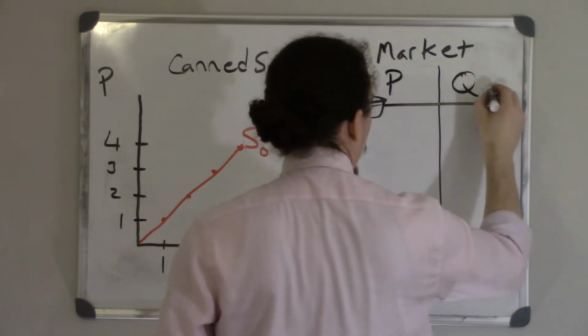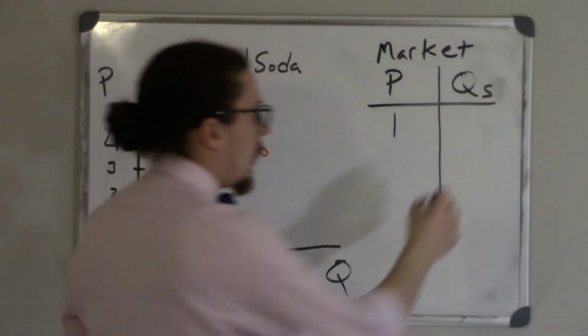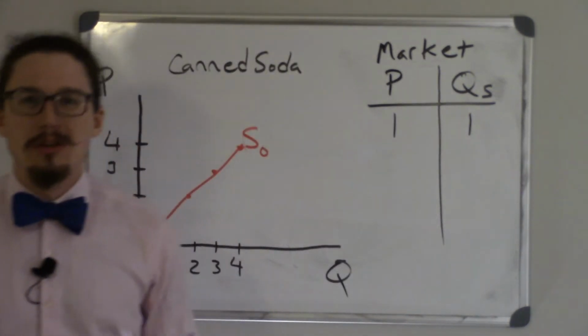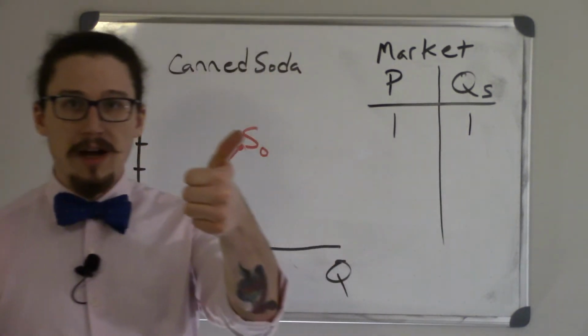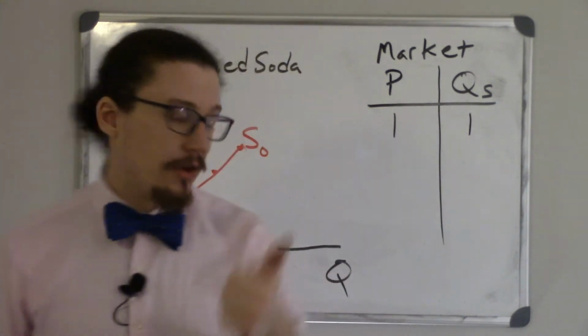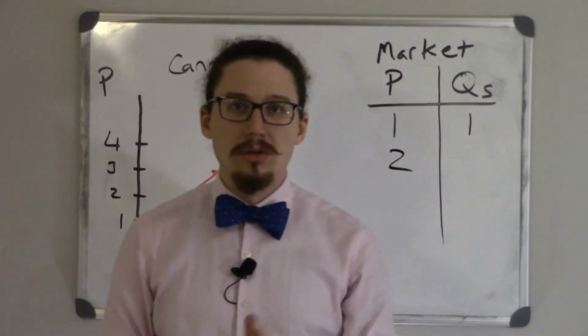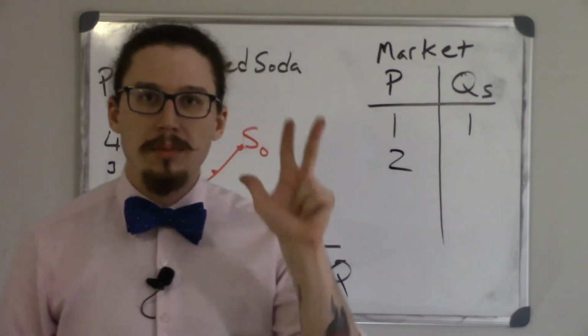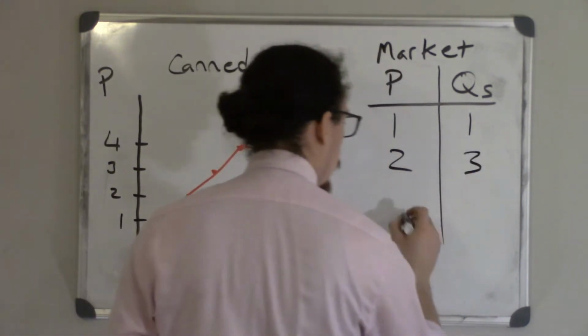At a price of 1, there's still only 1 unit being provided, because Coke's providing 1 and Pepsi is providing 0. Then at 2, Coke is providing 2 and Pepsi is providing 1, so we have 3.